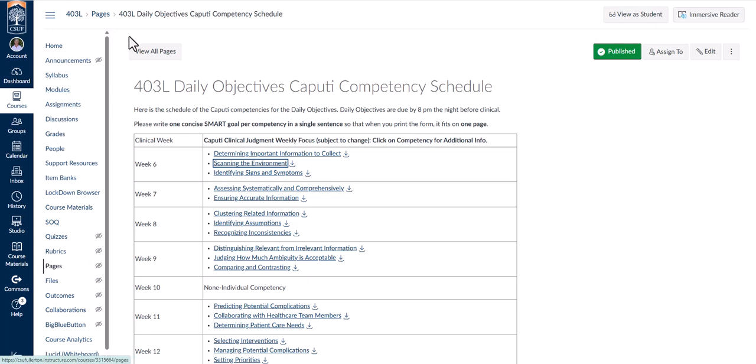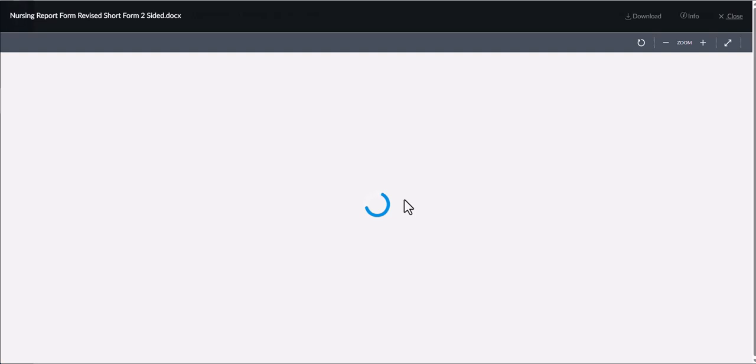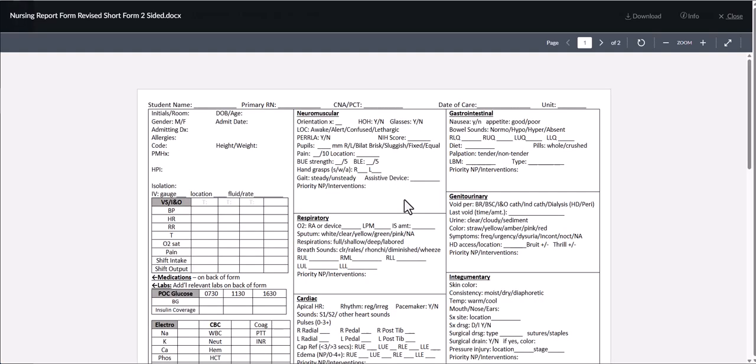Okay, so then back to the other part of this assignment: each week they are to complete their nursing report form. I do firmly believe that turning in something every day wrangles their mind to put things together, because without turning something in, they're really not going to pay attention to their one patient.